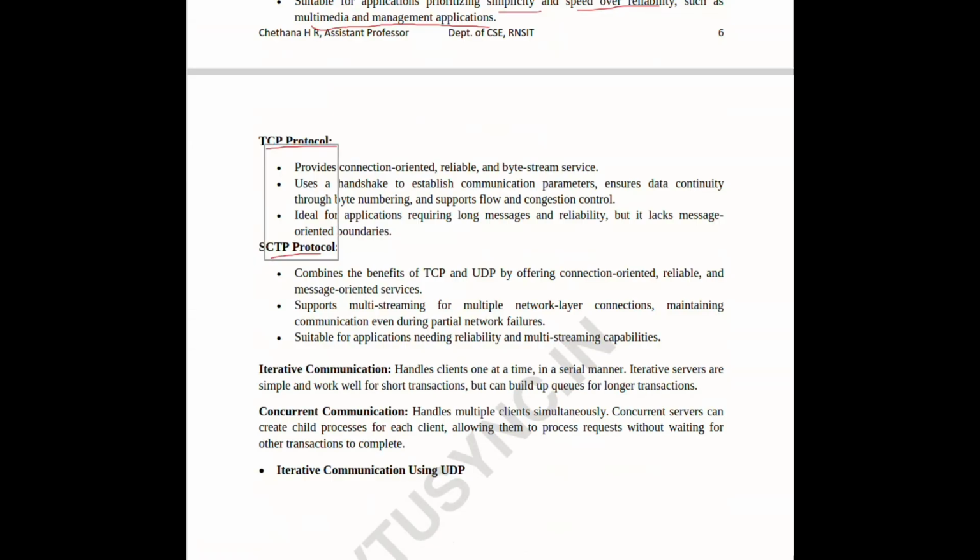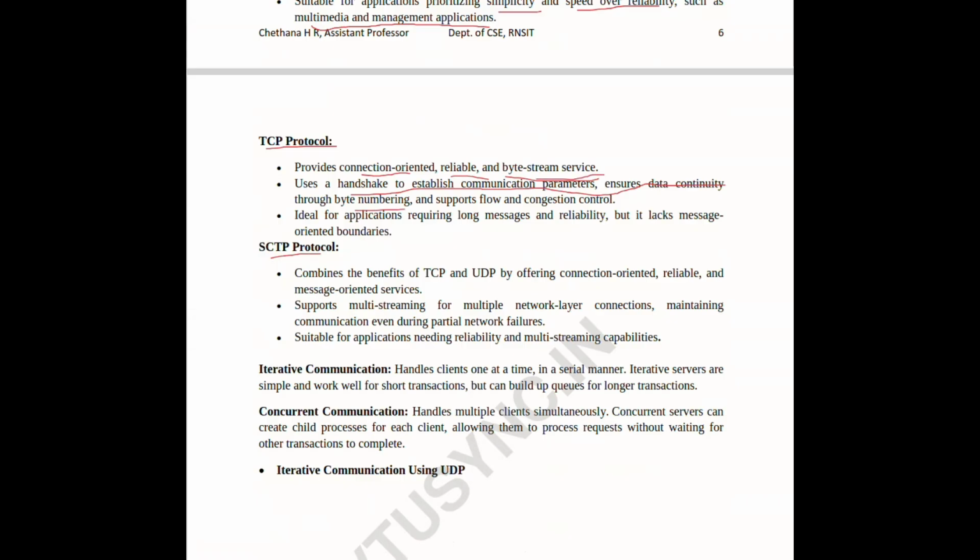Moving on to TCP protocol. TCP is connection oriented, reliable, and a byte stream service. It uses handshakes to establish communication parameters, ensuring data continuity through byte numbering. That is why it is called a byte stream service.